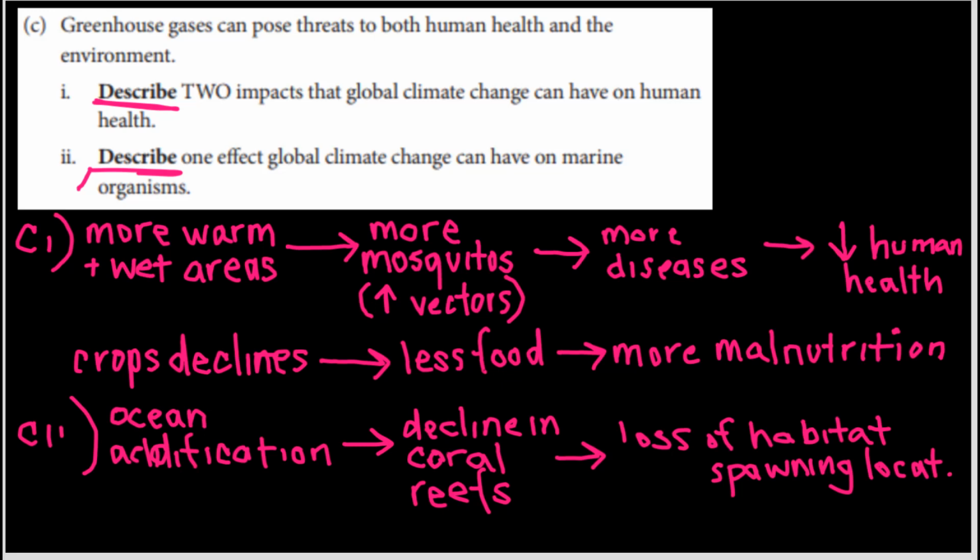And then you could also say that it was a loss of fish nurseries, because that's a function of coral reefs. You'd only have to put one, but I'm putting them all because I was hoping to teach you guys a little bit about environmental science while we're talking about the types of FRQs.